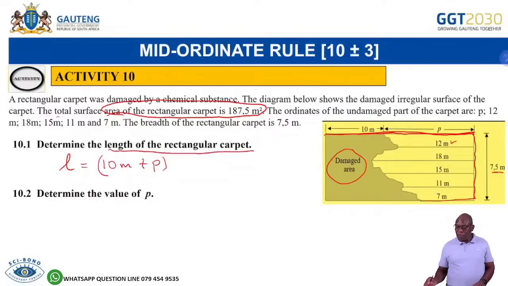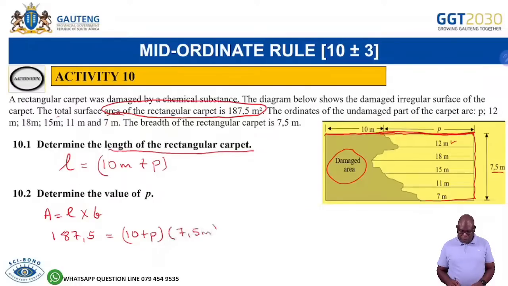So how am I going to get the value of p? I know the area is the length multiplied by breadth, but the area is given as 187,5. The length is 10 plus p. That is my length here. The breadth is, remember it's multiplied, 7,5 meters.